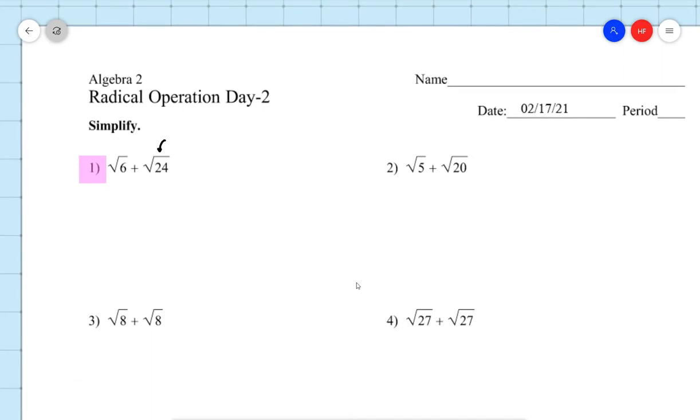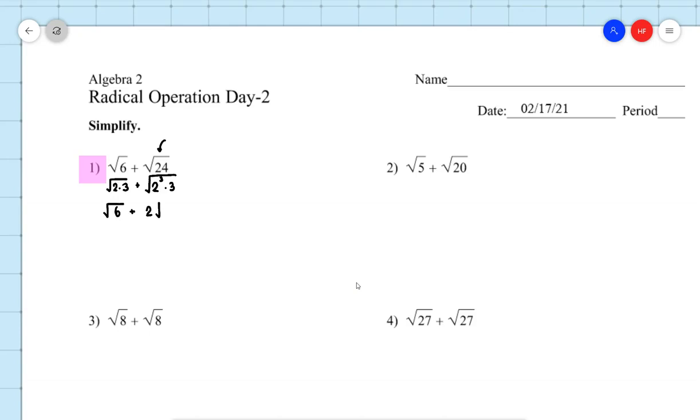I would take 24 and factor it out. I get that 24 is 2 to the third times 3. And root 6 cannot simplify because it's 2 times 3. So that gives me root 6 plus the 2 is going to come out.